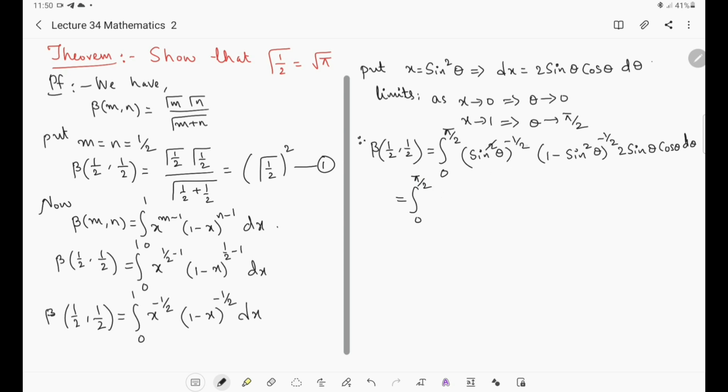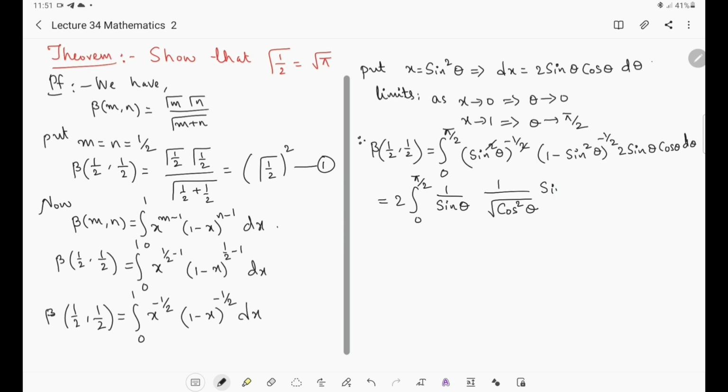This 2 and this 2 will get cancelled. Because power minus 1 will remain, I have to write this as 1 by sine theta, and here the power minus 1 by 2 can be written as square root of 1 by 1 minus sine square theta. 1 minus sine square theta can be written as cos square theta, right? This 2 I am taking outside. So what will remain here?